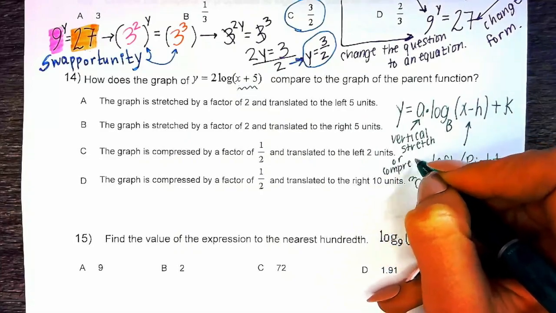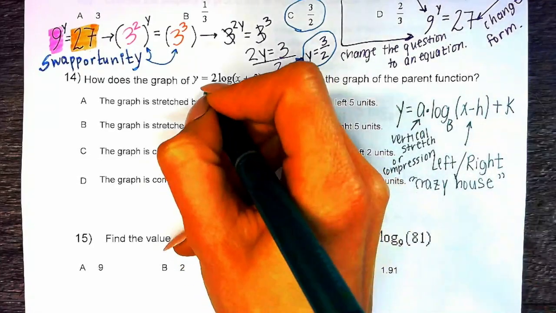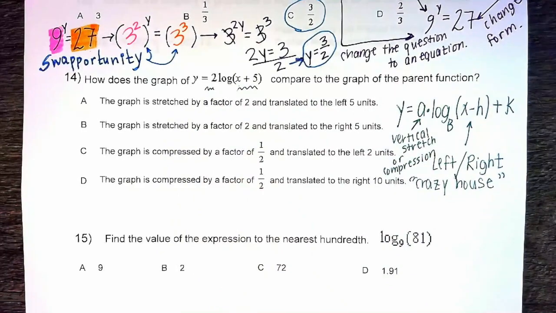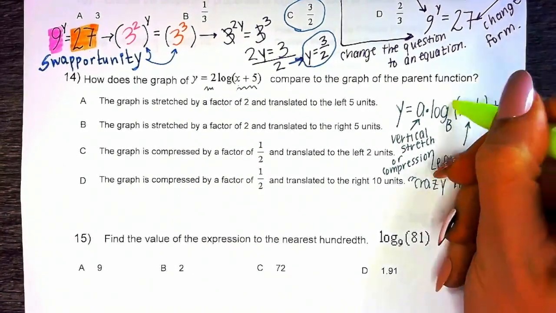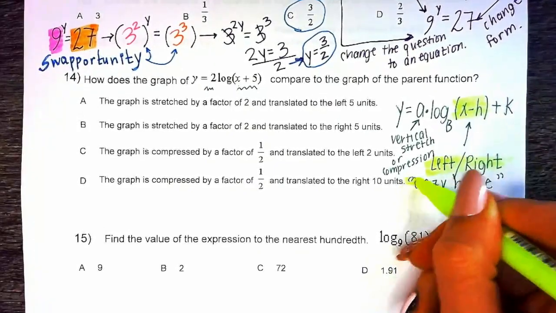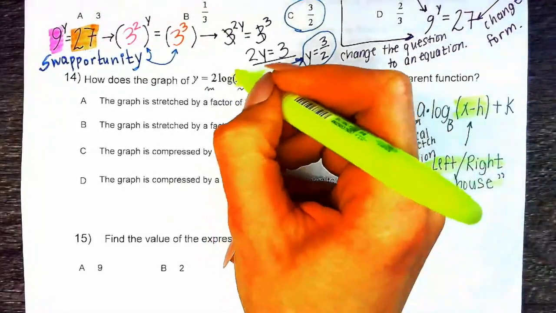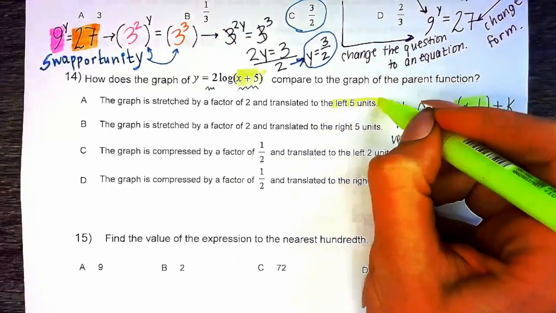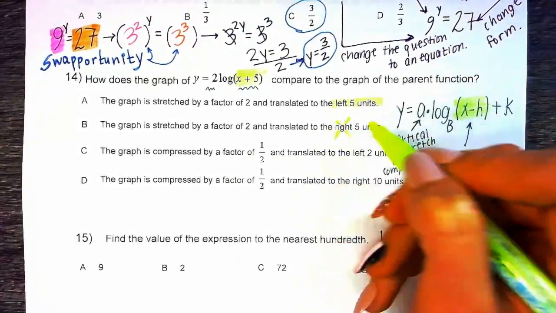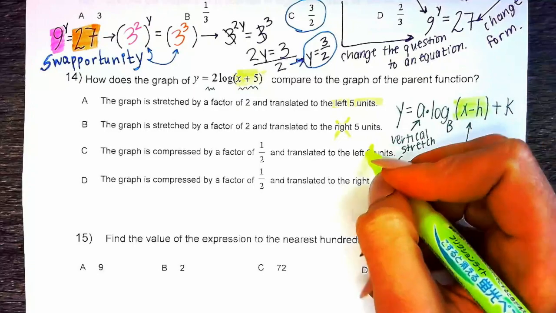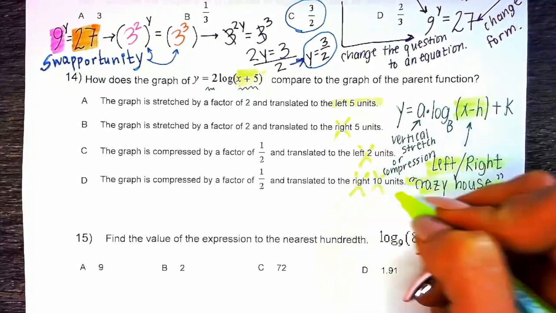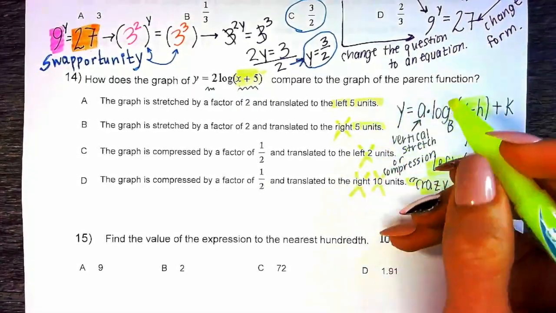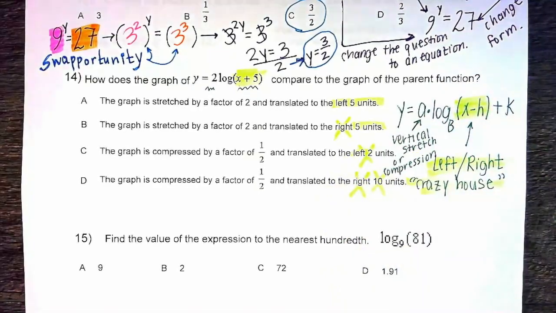The x minus h we called our crazy house. That moves our graph left and right, and we say it's crazy because it's the opposite of what you would normally expect. X plus 5 will move our graph then to the left 5 units. A is our vertical stretch or compression. When the value is larger than 1, ignoring any negatives out front, it's a vertical stretch.